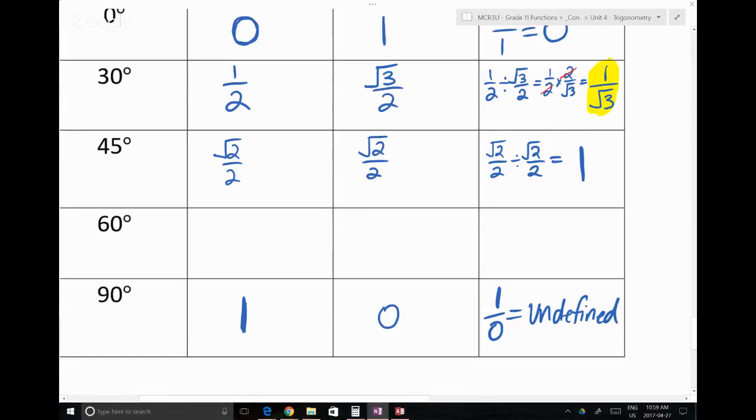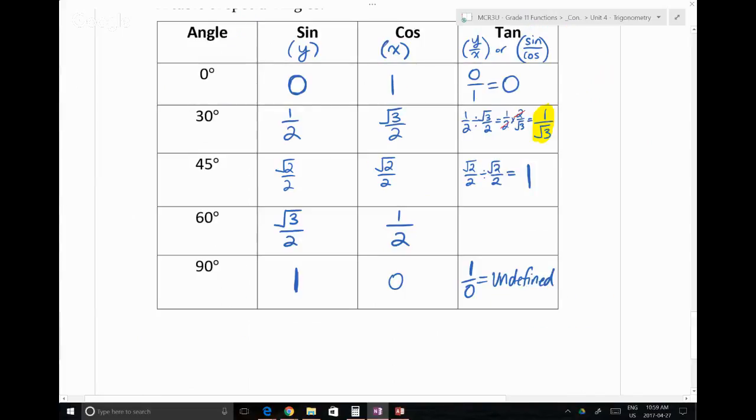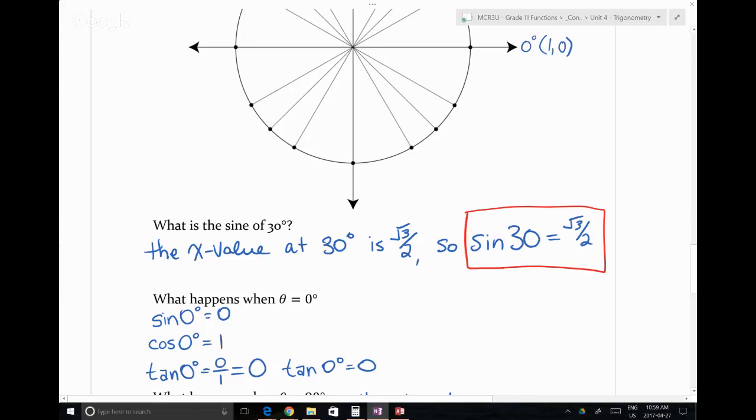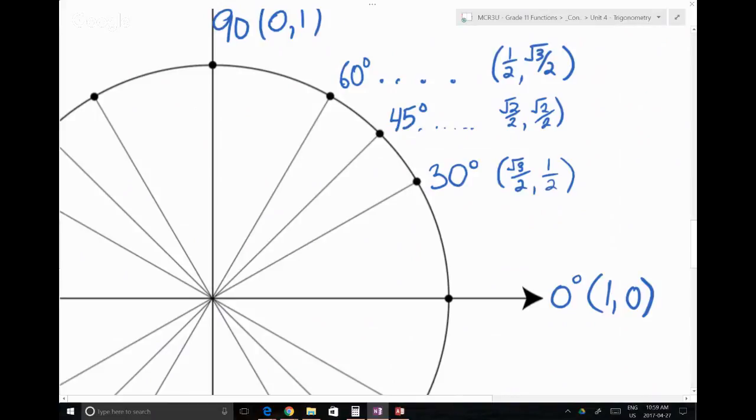And then 60 degrees is the opposite of 30. Instead of going up by just a half, we go over by just a half, but we go up by root 3 over 2. It's a sharper climb and less of a run. I'll show you that back on the unit circle. 60 degrees ends up being a half over and root 3 over 2 up.